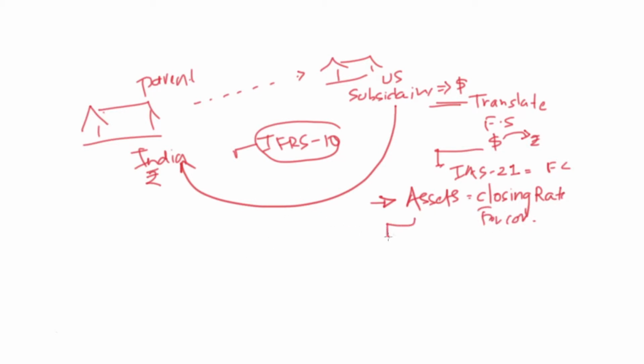Suppose in 2017, the total property, plant, and equipment in the books of a US subsidiary was $100,000 when the conversion rate was rupees 60 per dollar.